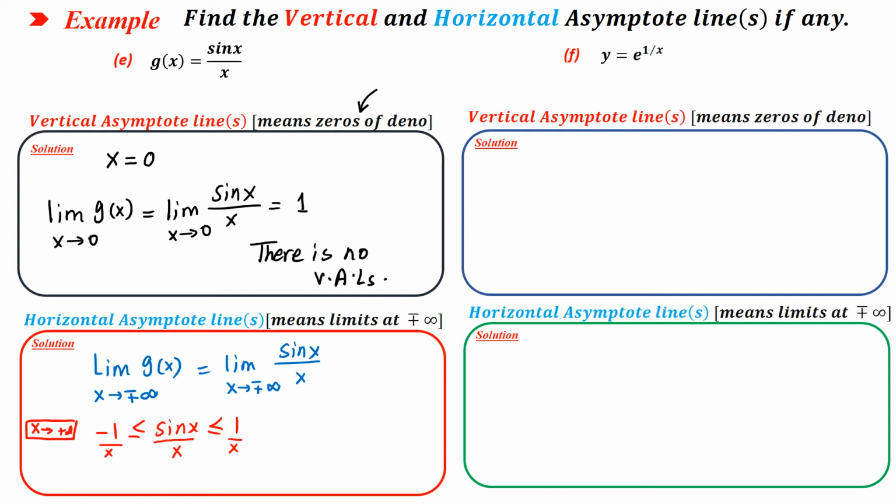Now at infinity, 1 over infinity goes to 0, and -1 over x also goes to 0. Since sine x over x at infinity is between 0 and 0, this limit is equal to 0.